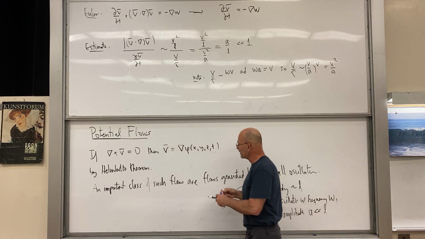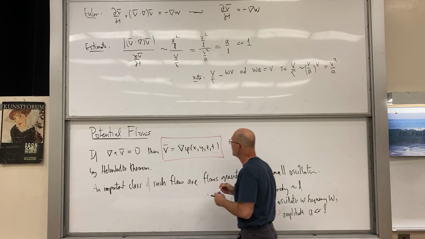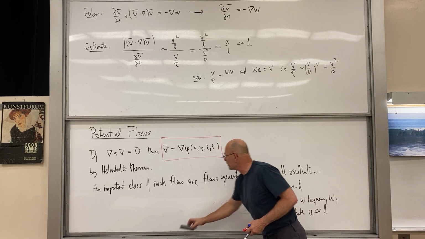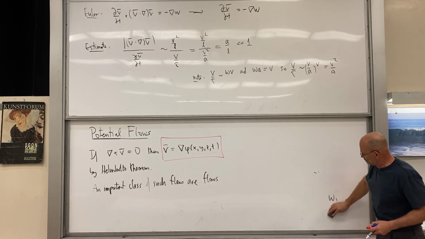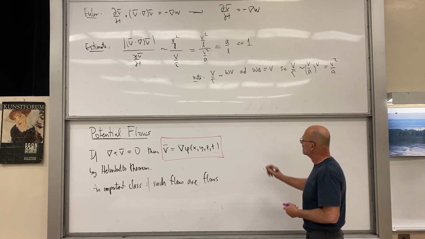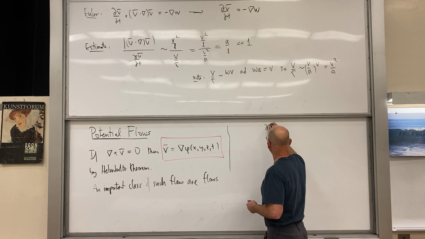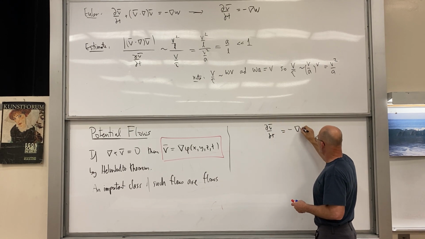But now we're going to make use of this right here. So we're going to erase, make some room. Okay, so coming up from there, dv dt equals minus gradient of w.